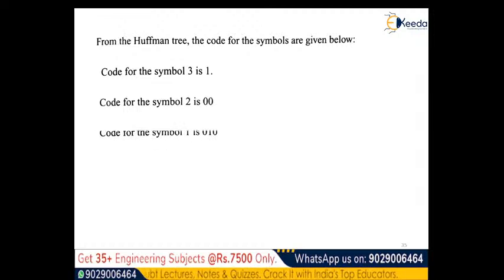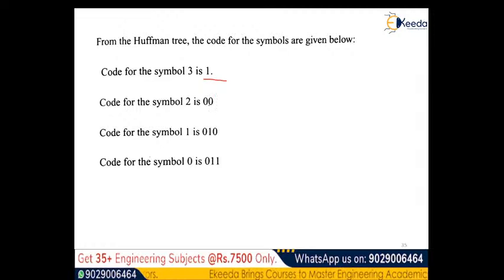Then the code for the symbol 1 is equal to 0 1 0, and the code for the symbol value 0 is equal to 0 1 1. So here are the corresponding codes to the symbols, or the gray levels you can call them. This is for 3, this is for 2, this is for 1, and this is for 0.